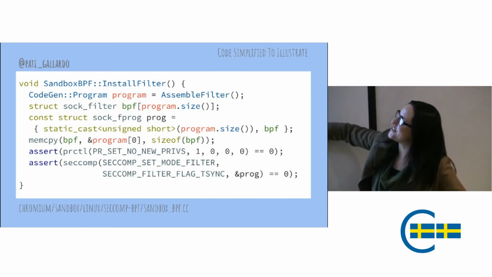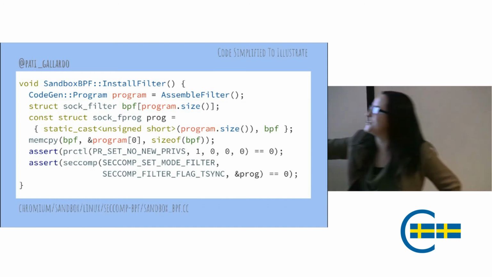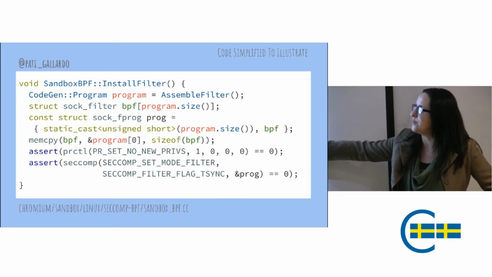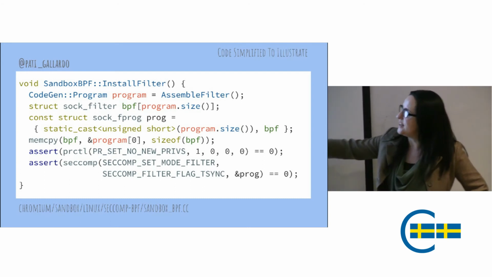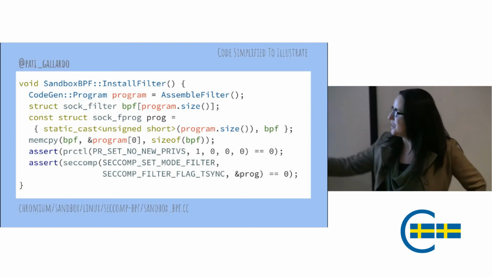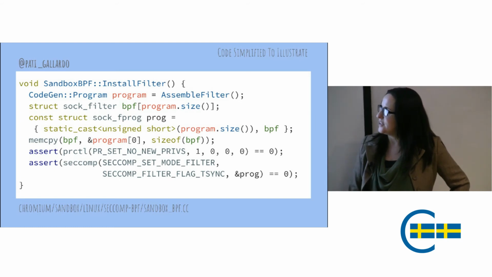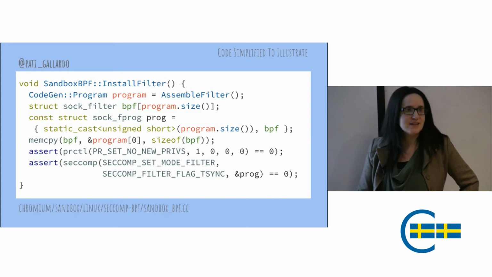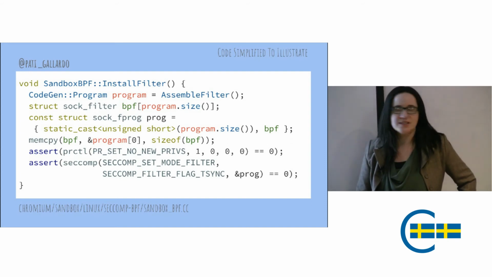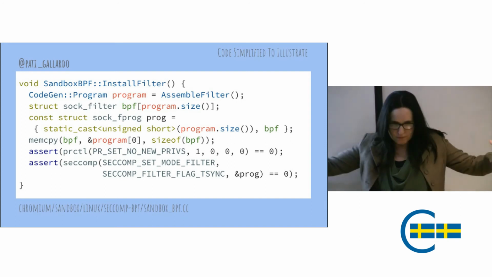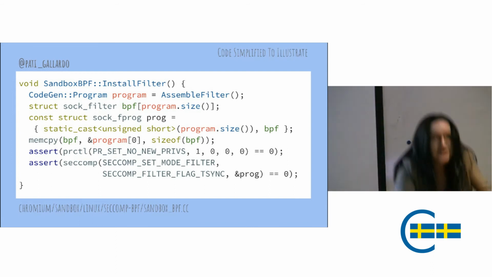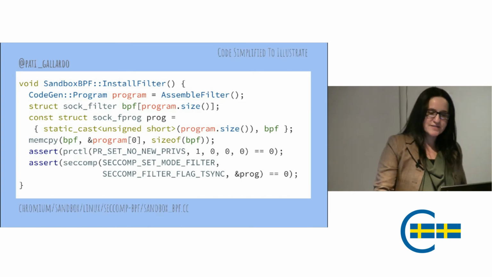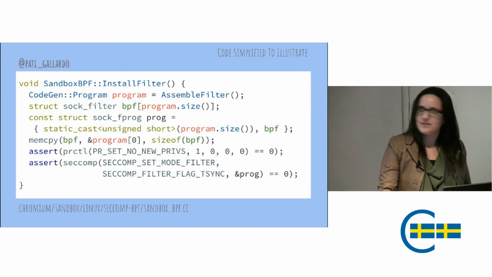And then you do this PR set no new privs, which makes it so you can do this unprivileged, and then you install the seccomp filter here, basically by passing the address. And that's it. It's really low level. There's nothing there. This is a chunk of memory. Here you go. It's not really made for high-level programmers.